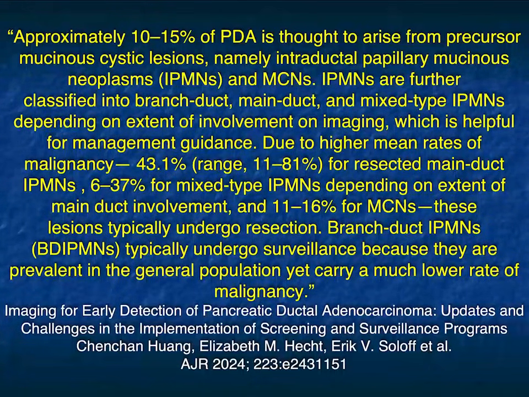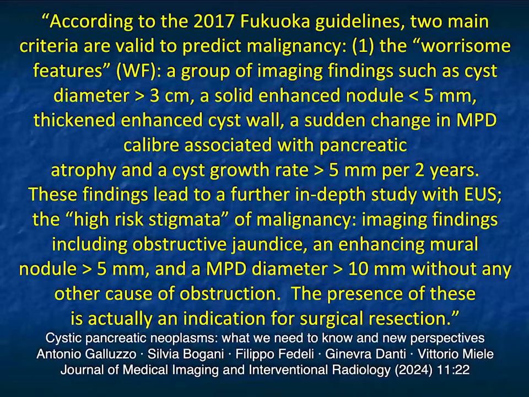Branch duct IPMNs typically undergo surveillance because they are prevalent in the general population, yet carry a much lower rate of malignancy. And so a lot of the work, and I'll mention it over the next few minutes, is how do you manage a patient with an incidental IPMN, a side branch lesion? Who do you follow? Who do you do ERCP? Who do you do EUS? Who do you resect?